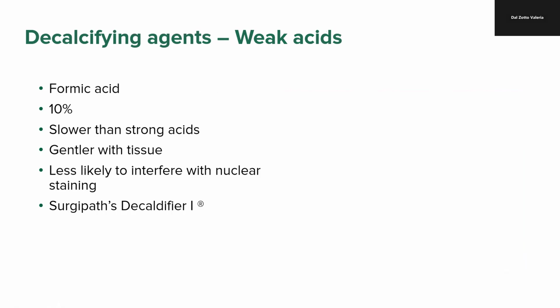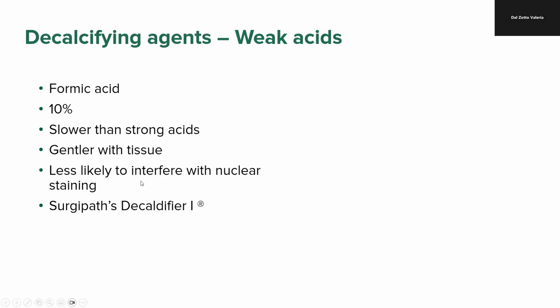The weak acids, as the name implies, are not completely dissociated in water. So some of the molecules are going to be dissociated, some others don't, and the prototype is formic acid at 10% solution. It is weaker and slower, but gentle. So that is the ideal acid for a cancellous bone, for example.